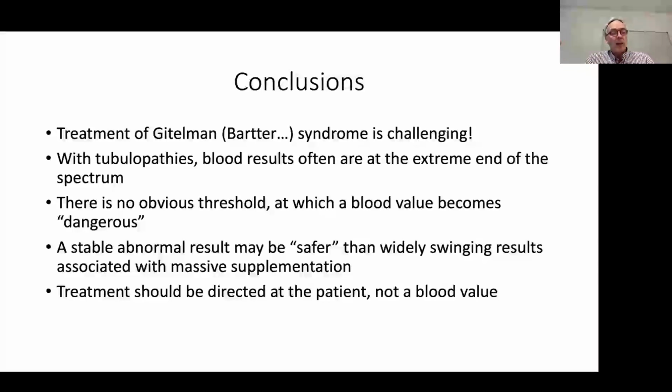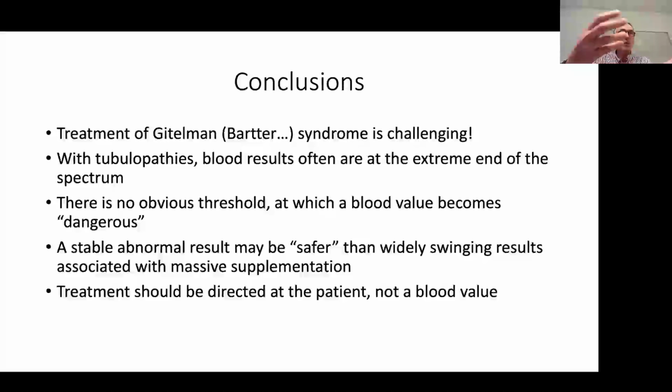And a stable abnormal lab result, like a stable potassium of 2.5, may actually be, I think, without any clear evidence for that, but that's my thinking, safer than someone who takes large doses, intermittent doses of supplements.